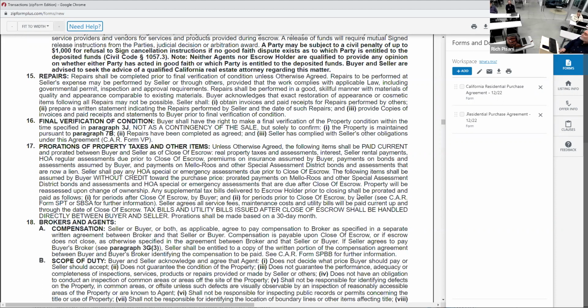Because if the seller paid $300,000 for this property, they are being taxed, it works out to like 1.25. That's their property tax. You're paying $1 million. Right. Your taxes are way more.